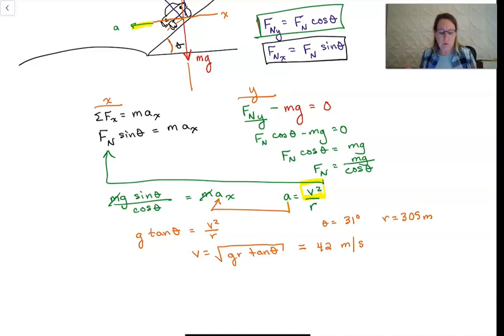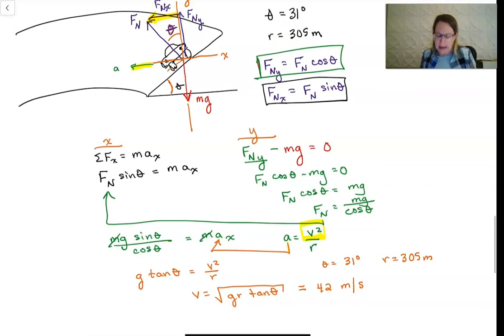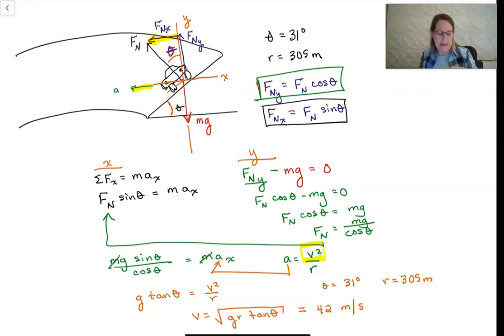Okay, so if we're going exactly at 42 meters per second, there's no friction needed to provide that acceleration to the center, which is different than like when we're going around a flat circle. We must have that static friction pointing towards the center. So you can already see how a banked situation allows you to not need some friction.